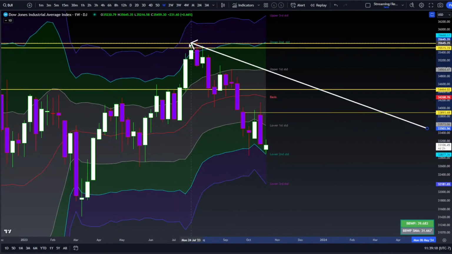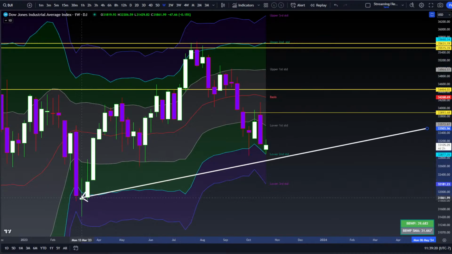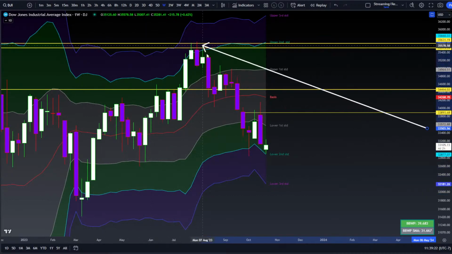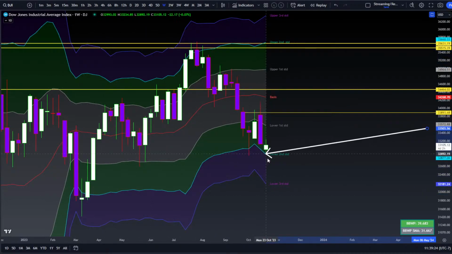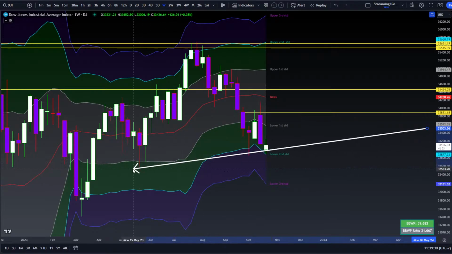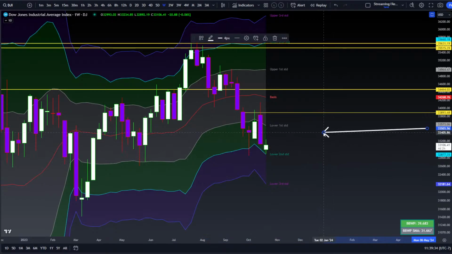So the fast move up from the lower second standard deviation to the upper second and now back to the lower second. And again, traditional markets like to reverse off these areas more often than not, but I still wouldn't rule out a test of this wick low there at that 32.5 area. So just watch it. We'll follow up with it on Wednesday.